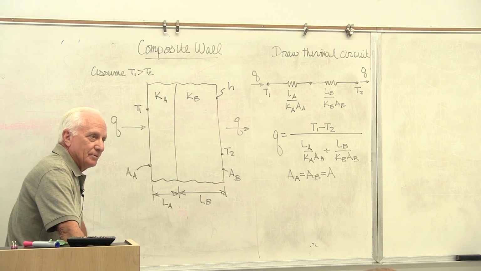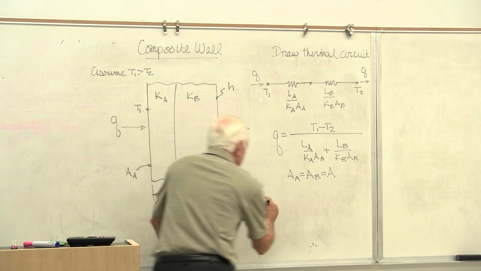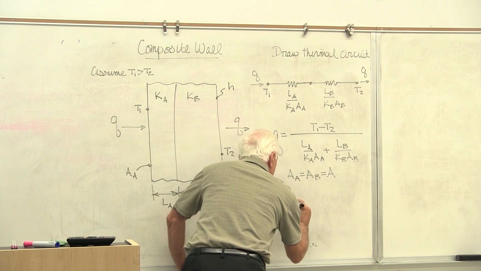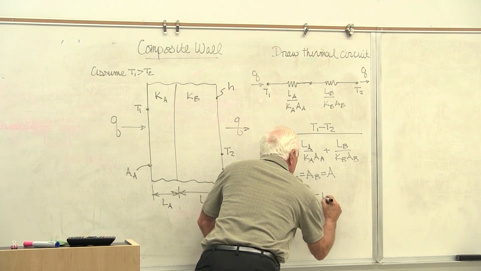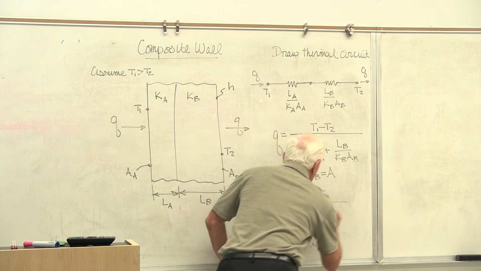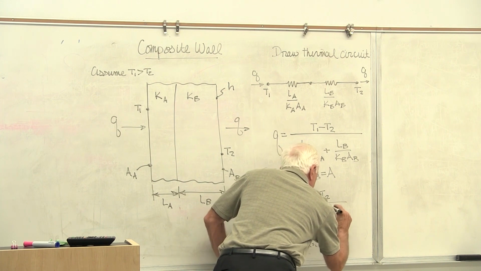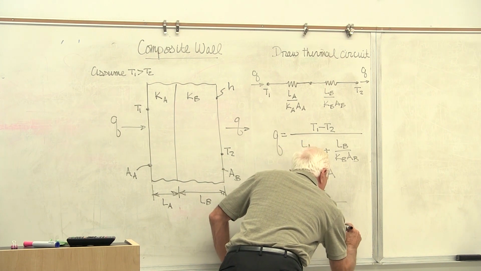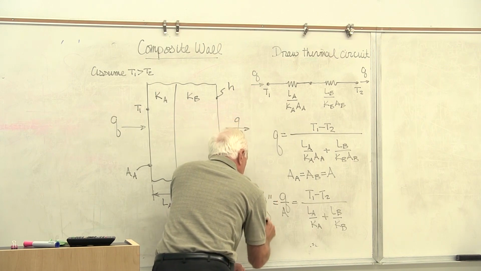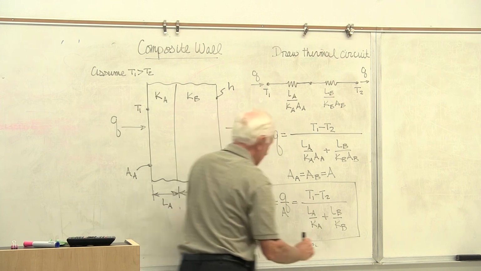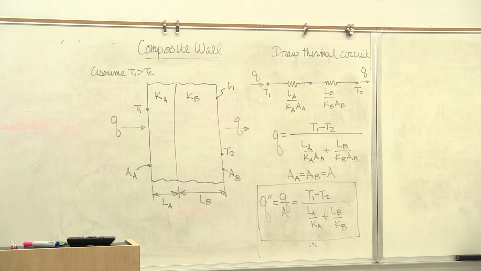Now I'm going to divide through both sides by that area A. And there is my equation for that wall composed of two different materials.